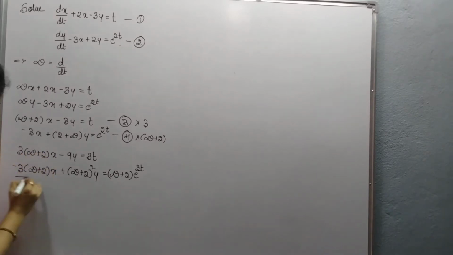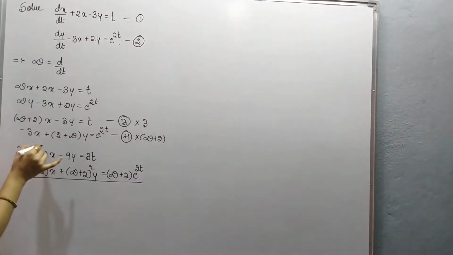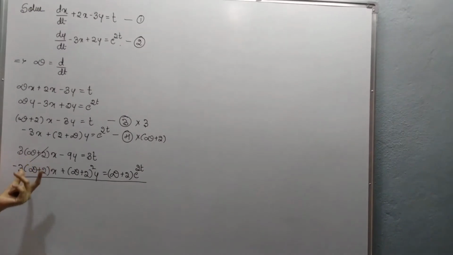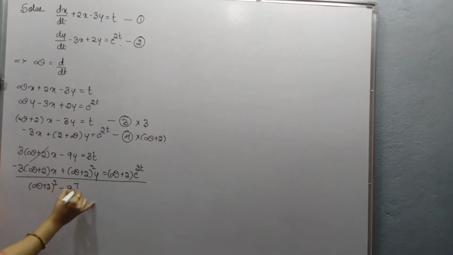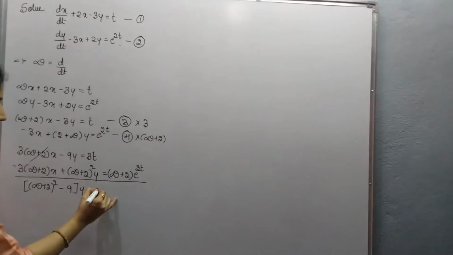Adding these two equations, the terms -3(D + 2)x and +3(D + 2)x get cancelled. So we have [(D + 2)^2 - 9]y = 3t as it is.